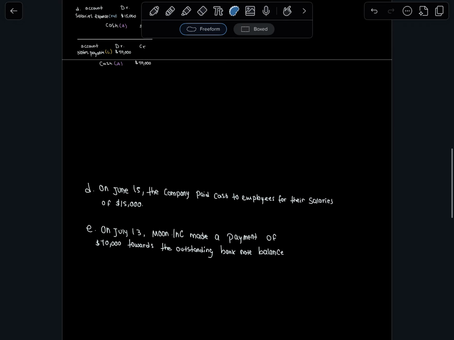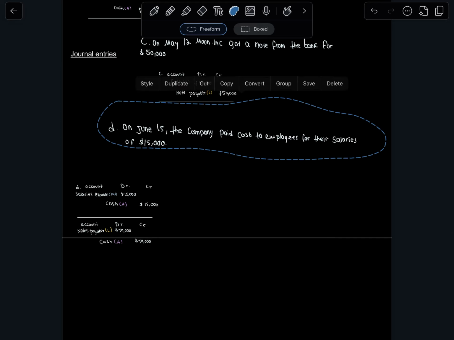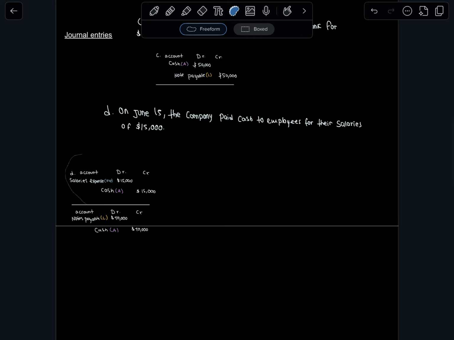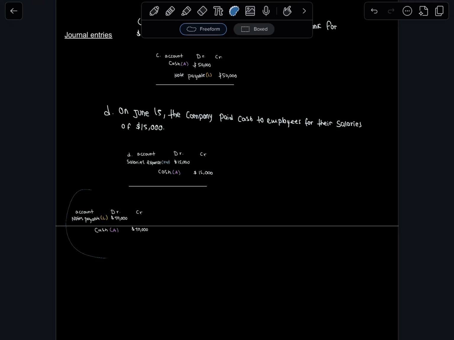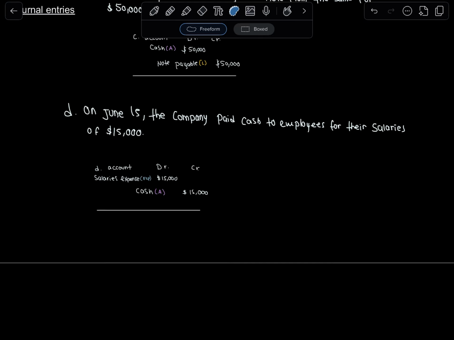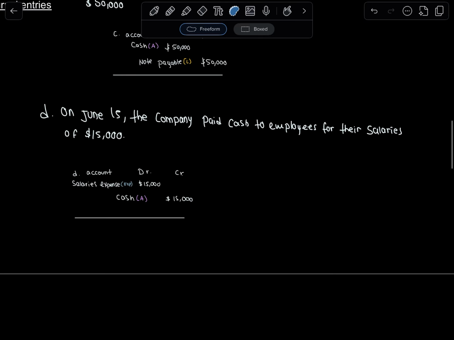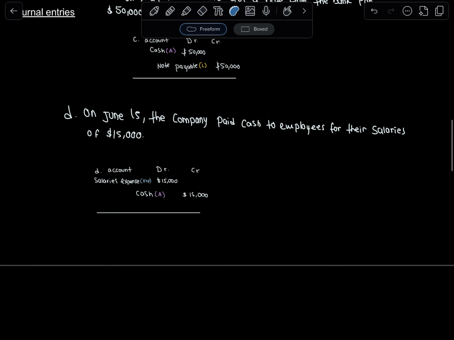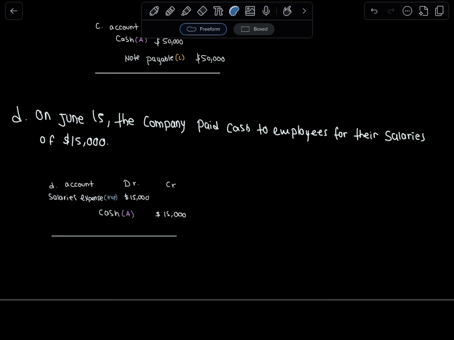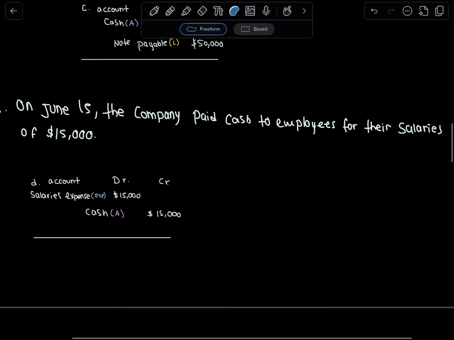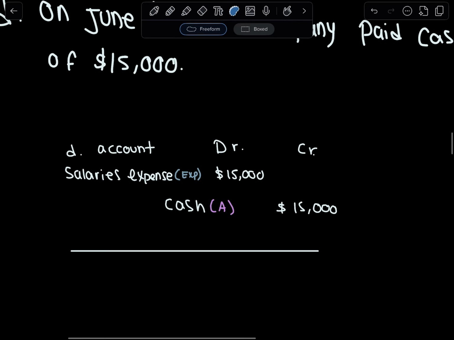Now, the following transaction is transaction D. On June 15, the company paid cash to its employees for their salaries, and they paid $15,000 for this. Now, the accounts affected would be salaries expense, which would be the expense the company's paying their employees.